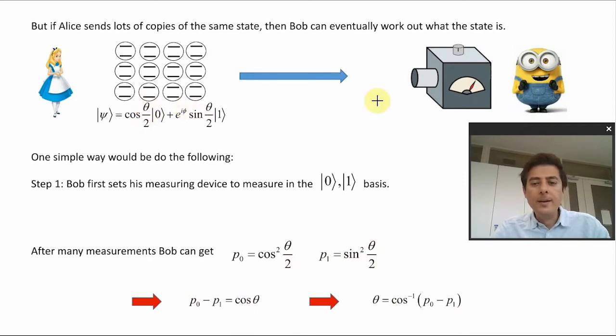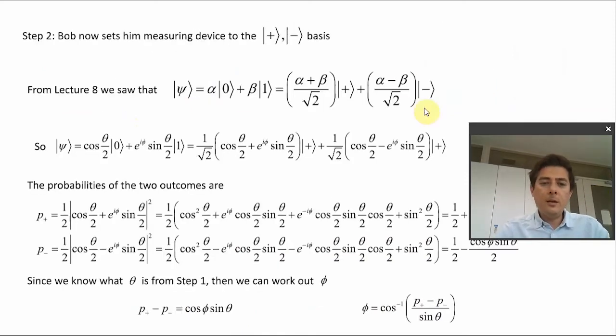What about the phi? Well, we can measure in the plus minus basis. Remember from lecture 8, we can rewrite any state. If it's originally alpha and beta, then in the plus minus basis, alpha plus beta divided by root 2 is the coefficient of plus, and alpha minus beta divided by root 2 is the coefficient of minus.